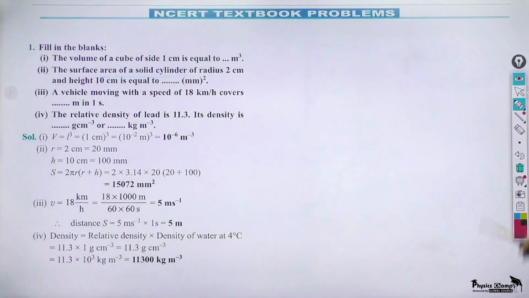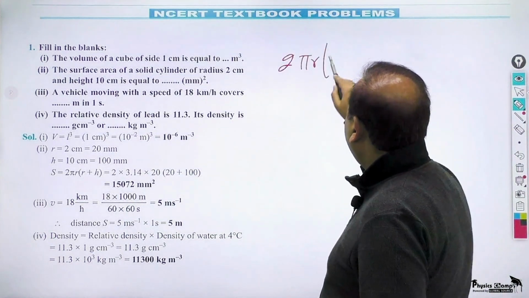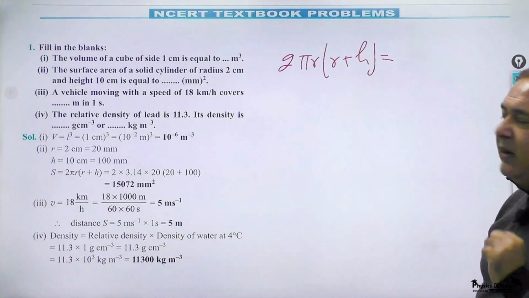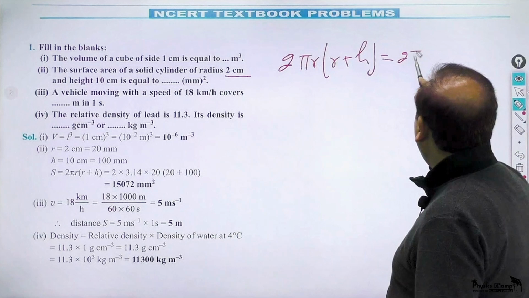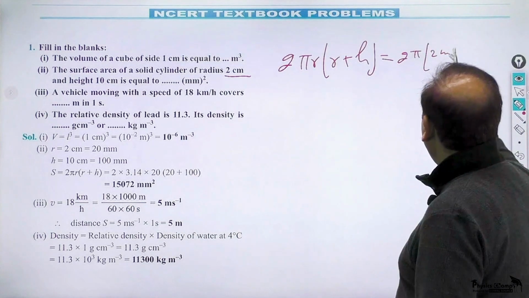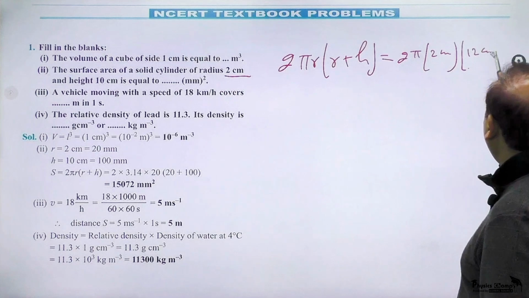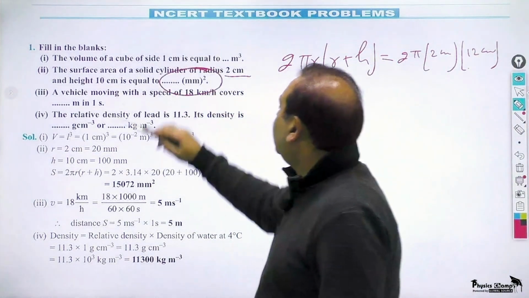Now the question is, the surface area 2 pi r into (r plus h) of a solid cylinder, in centimeter, can be calculated. Radius is 2 centimeter, so 2 pi into 2 centimeter into, height is 10 centimeter, so 12 centimeter, r plus h. You want to find its value in millimeter square.